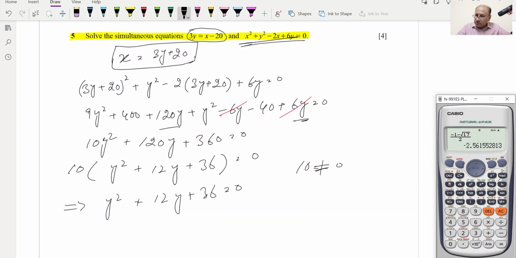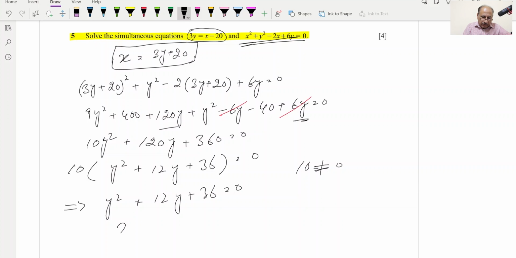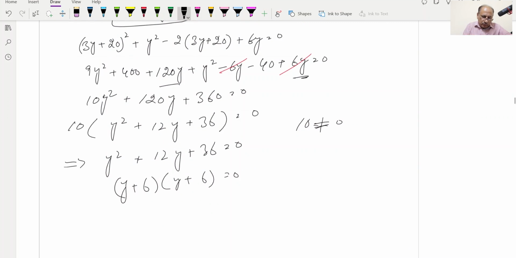For factorization, the coefficient of x squared is 1, the coefficient of x is 12, and the constant value is 36, so the factors are y plus 6 and y plus 6 is equal to 0. This implies y is equal to minus 6, and this will be the root.